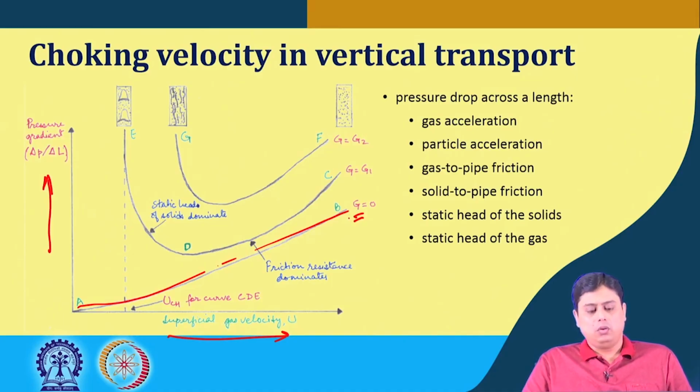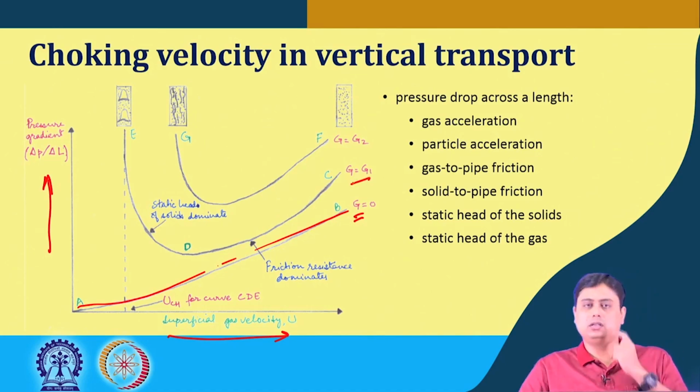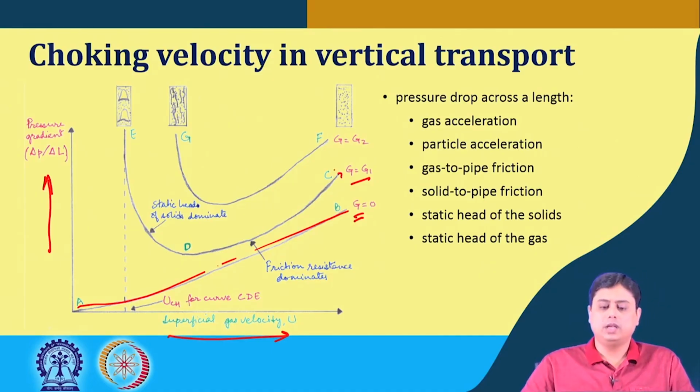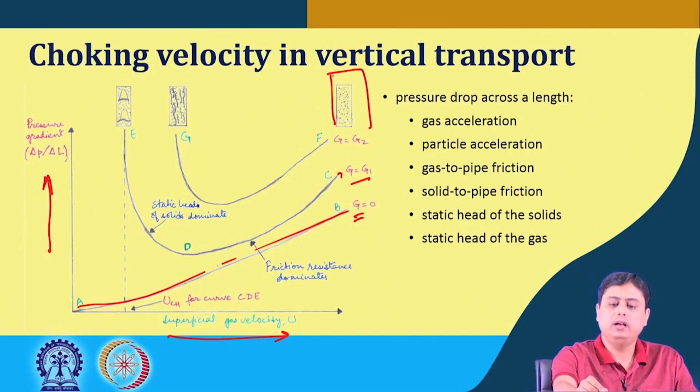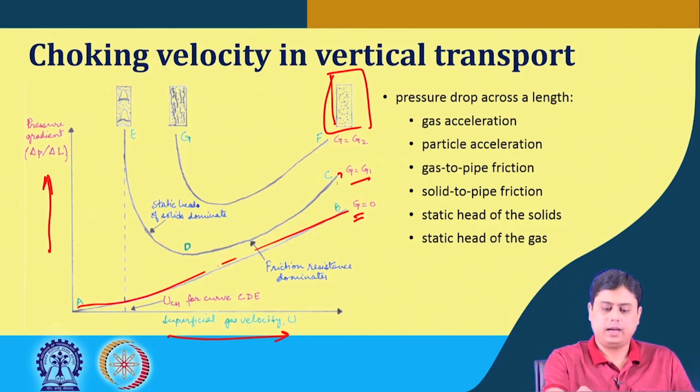Now, when we introduce solids, or say the dilute phase transport is happening, in this case for a certain solids concentration or mass flow rate of the solids, we see that at a very high velocity the concentration of the bed is lower, it is fully suspended, and dilute phase transport is happening at a very high velocity.